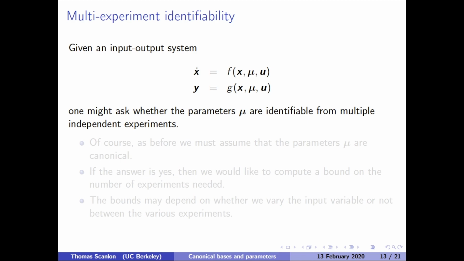Okay, so we're going to give them a way to tell how to compute the parameters, and a way to do that is by doing more than one experiment. So if you do one experiment and try to compute the parameters just from that output, that might fail. But why not do more than one experiment? Right?